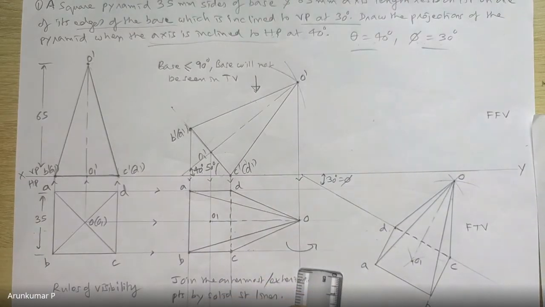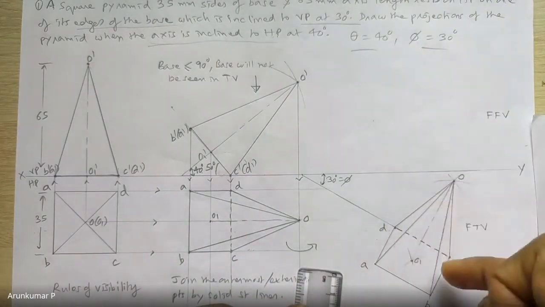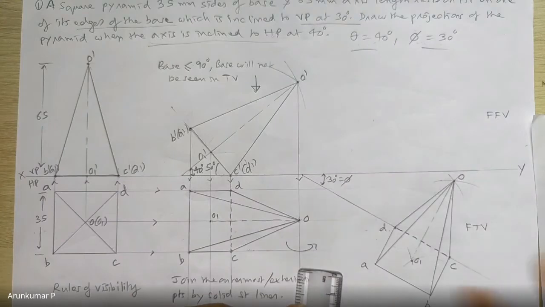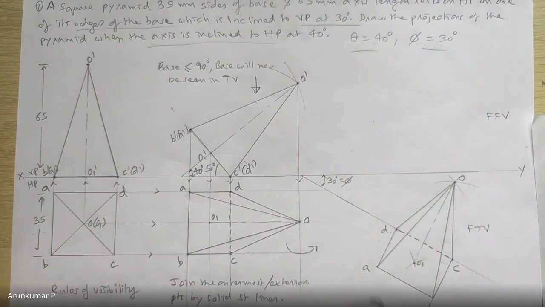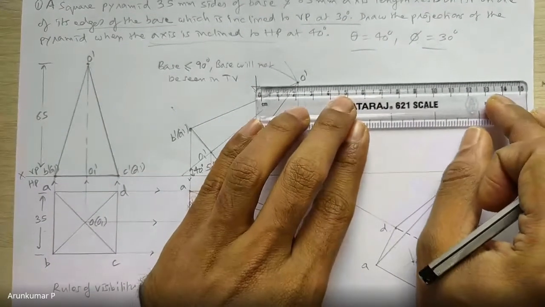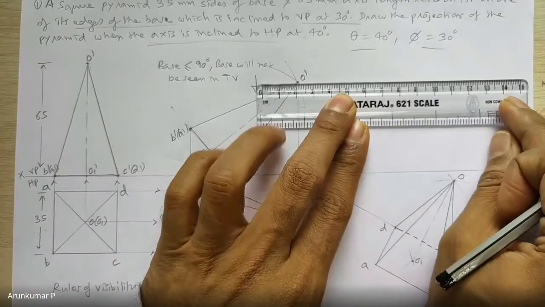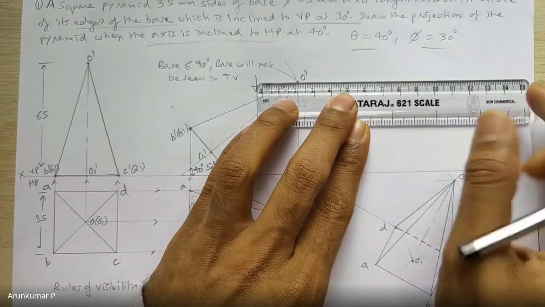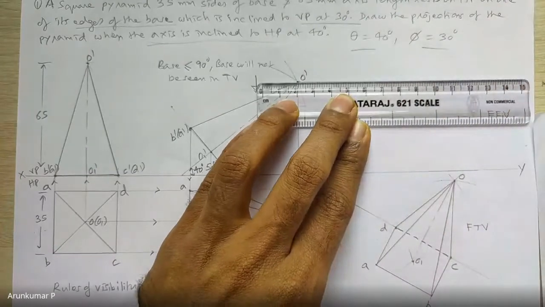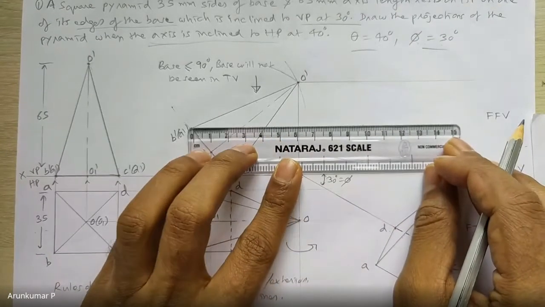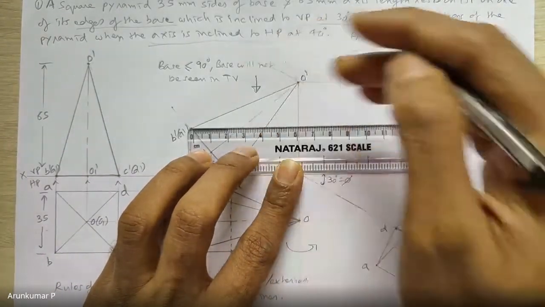Okay. Now, final step, draw the vertical projectors and the horizontal projectors and mark the intersection points. So what we'll do is first draw the horizontal projectors because they are less in number, starting with O dash and then moving on to the others.